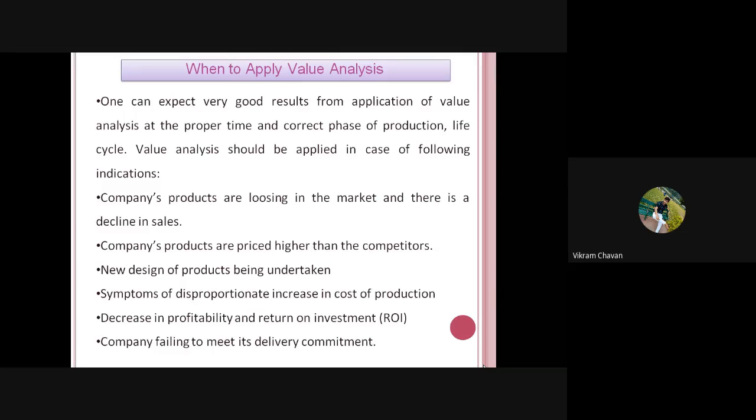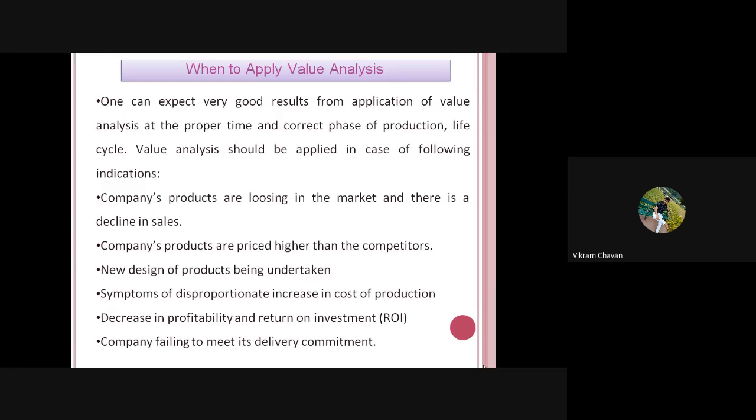Next one: decrease in profitability and return on investment.